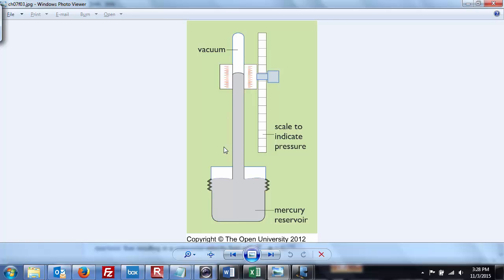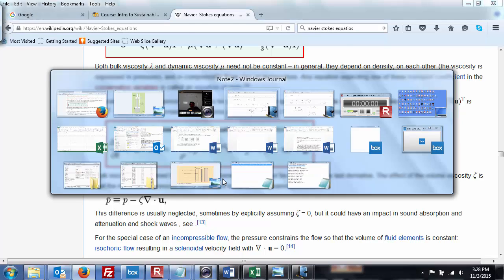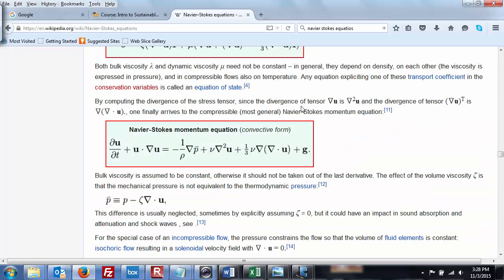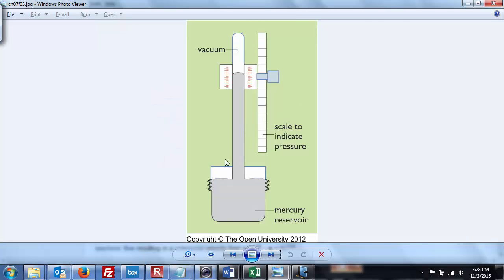So obviously, if the atmospheric pressure goes up, there's more force. Going back to our little equation, there are more newtons per square meter on the open surface.